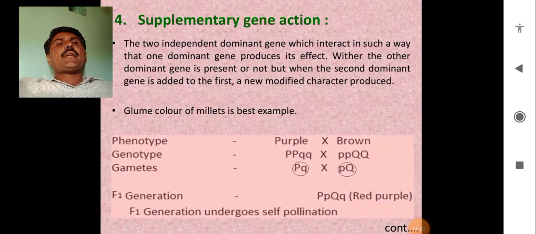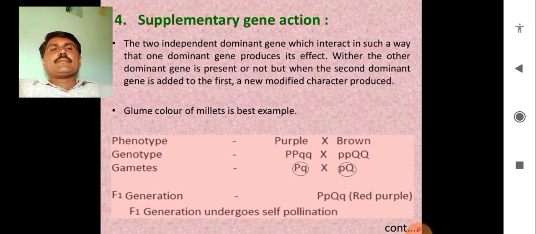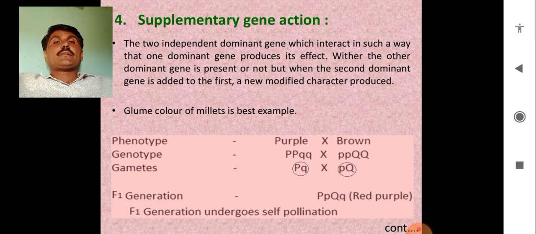In supplementary gene action, two independent dominant genes interact in such a way that one dominant gene produces its effect whether the other dominant gene is present or not.